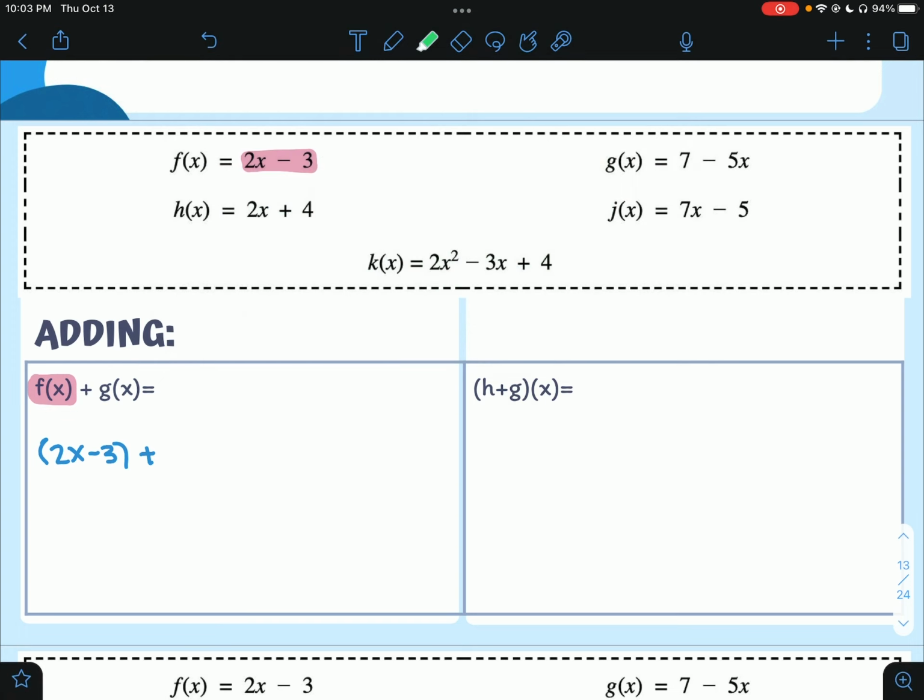We should also notice that g of x is 7 minus 5x. So where we have g of x, we're going to put 7 minus 5x. I may have just said 7x minus 5, y'all. My bad.